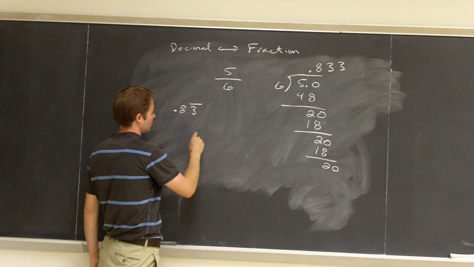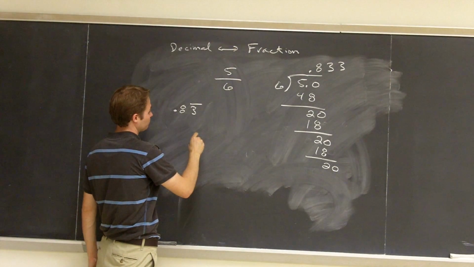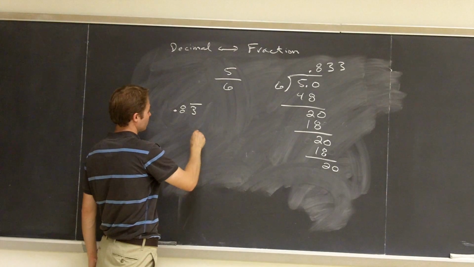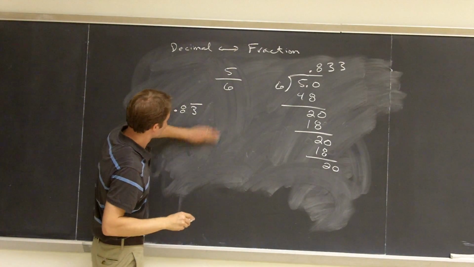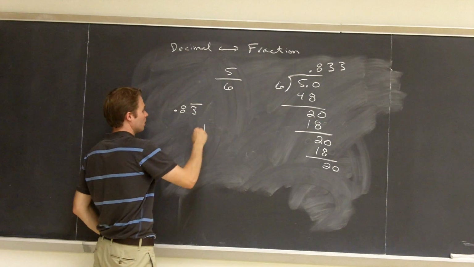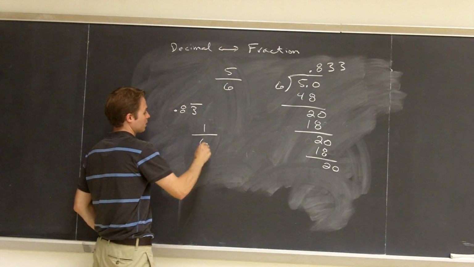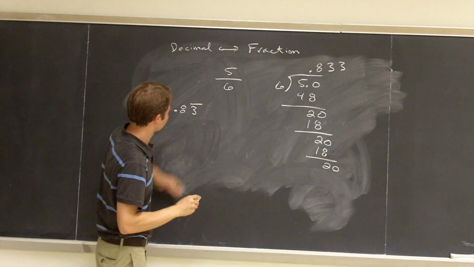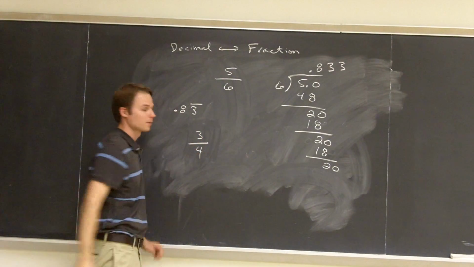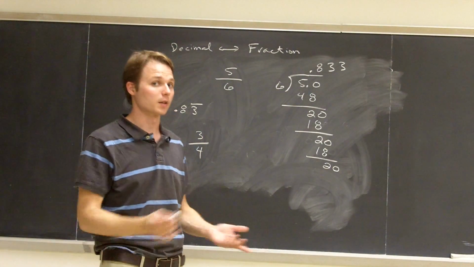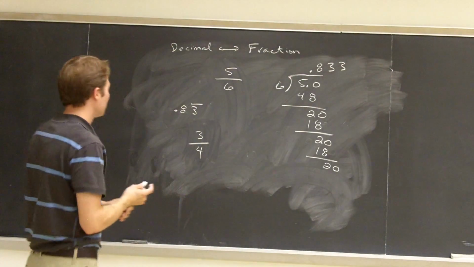If I had changed this to be, for example, something like 3/4. Okay, 3/4 is the same thing as 0.75 in decimals.